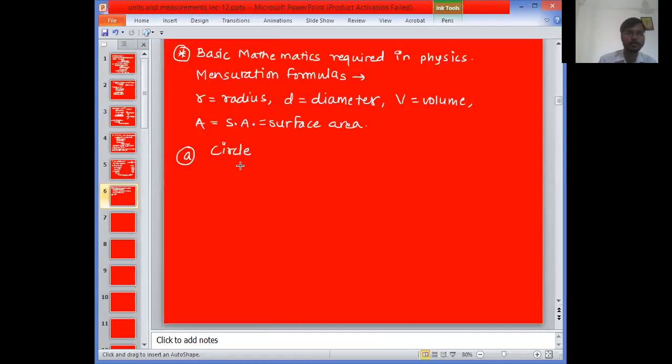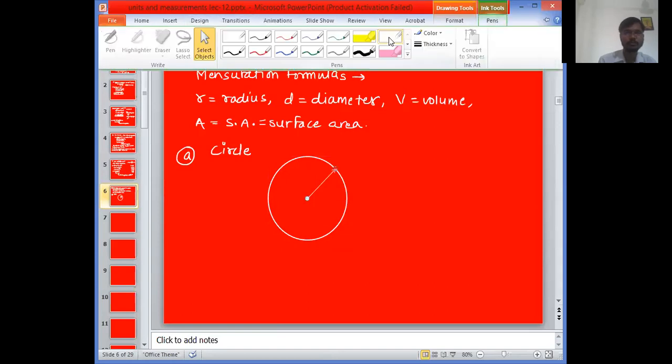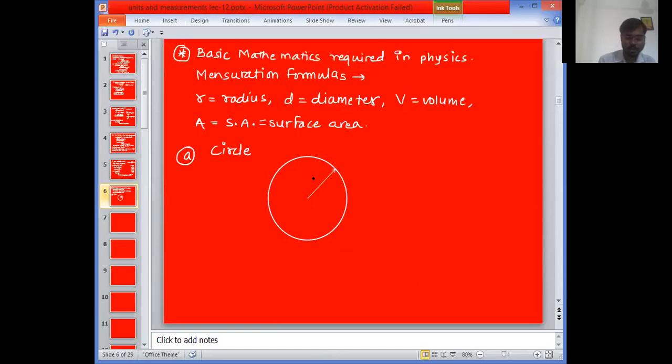Let me draw the circle. All of us know that circle has a radius. Let's say the radius of the circle is R. This is the center of the circle and R is the radius of the circle.